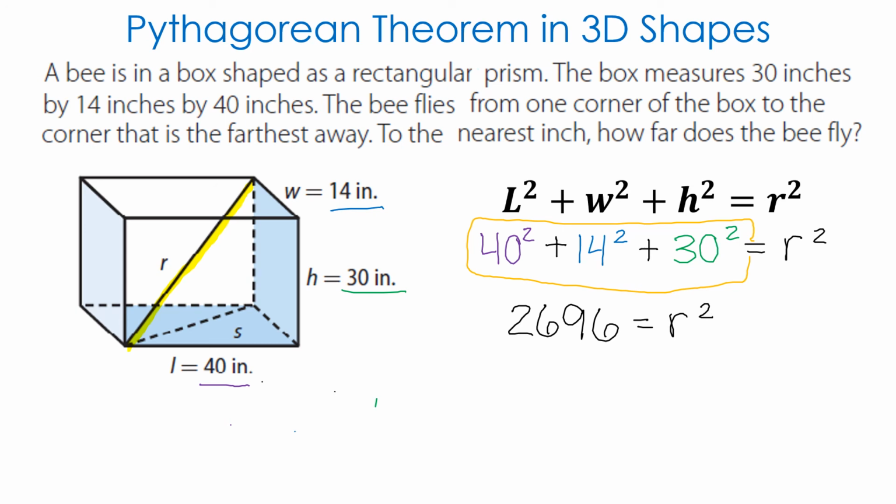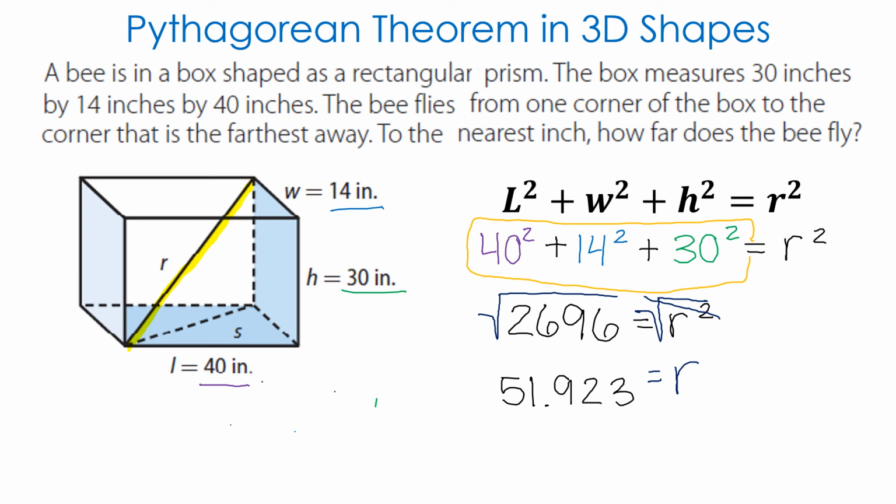But remember, we always have to take the square root. We always want our final answer to not have an exponent. So the square root of 2,696 is 51.923, and so on. We'll stop right there.